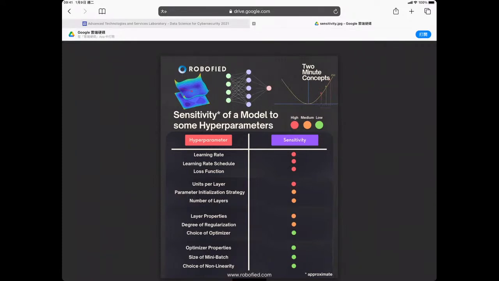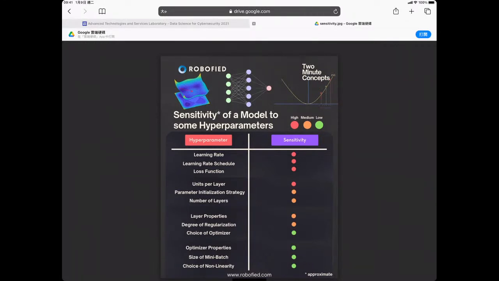Different kinds of layers indeed have different sensitivity. The degree of regularization is L1 regularization and L2 regularization, and choosing the parameters we also talked about before. So that's the third part.